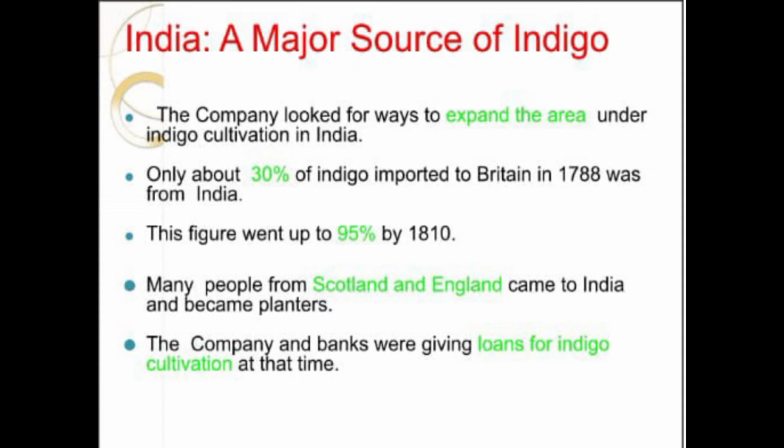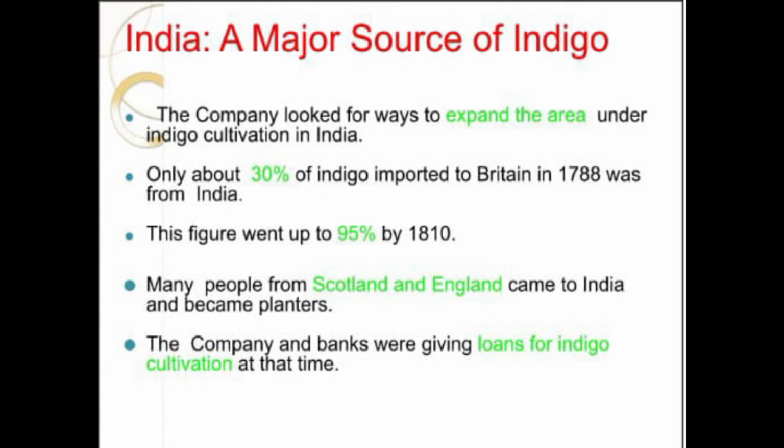Only about 30% of indigo imported to Britain in 1788 was from India. So it is approximately one third of their total requisition fulfilled by India. The figure went up to 95% by 1810.